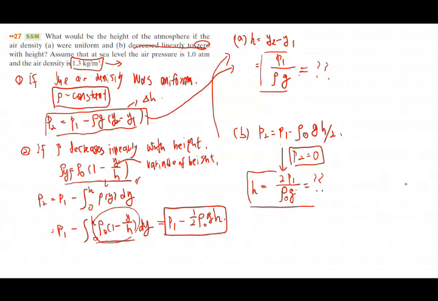For A, I got 0.078. Okay, A, how much did you get? 0.078. What's the unit? Meters. Point 078 meters? Yeah.